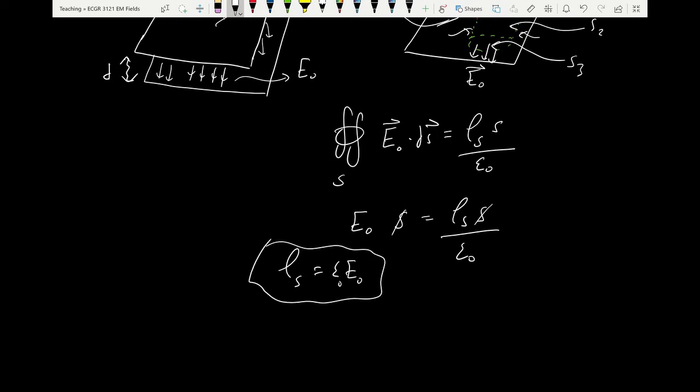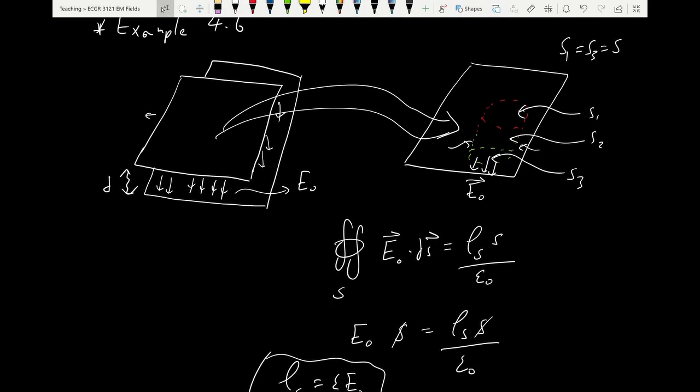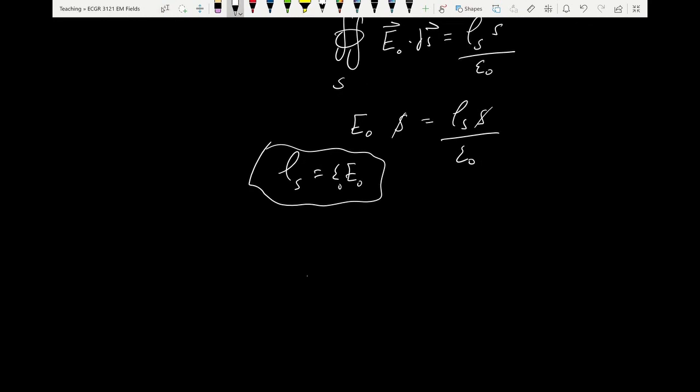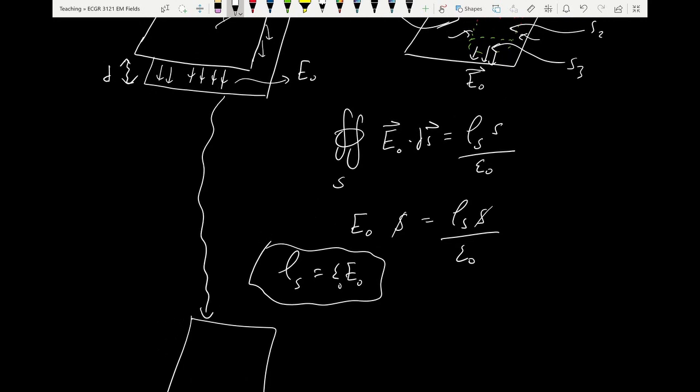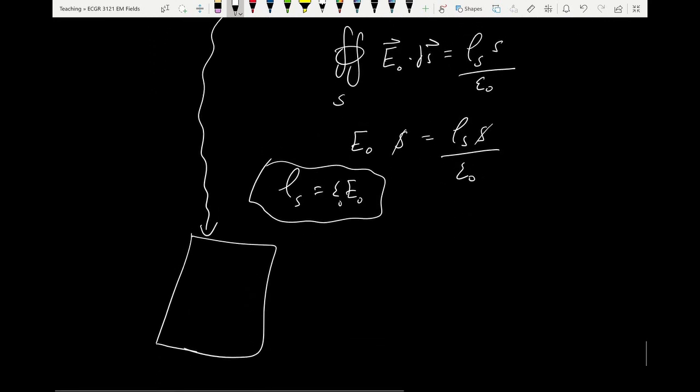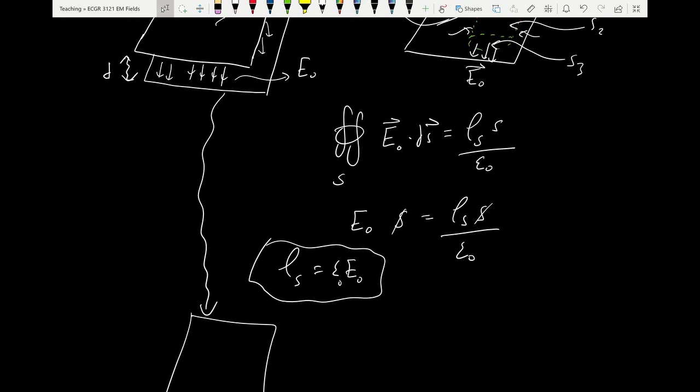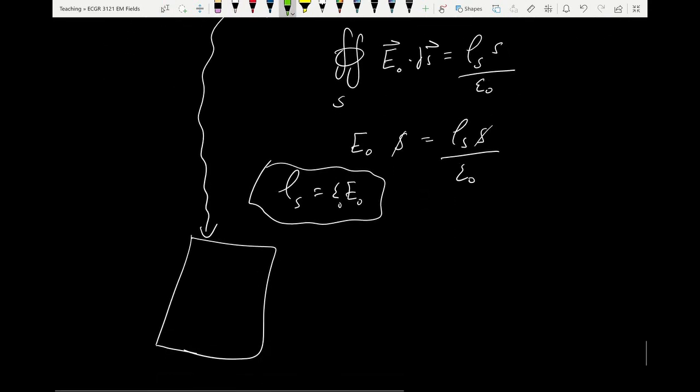Right? Let's repeat this for the lower sheet. So if I take now the lower sheet, which is this sheet, the same deal. I have part of the Gaussian surface in the middle between the two sheets, and then the part that's under this lower sheet.